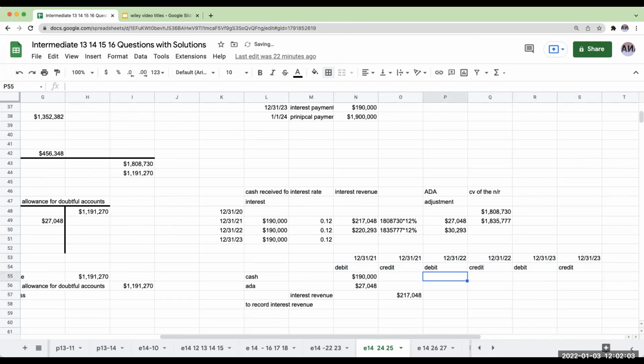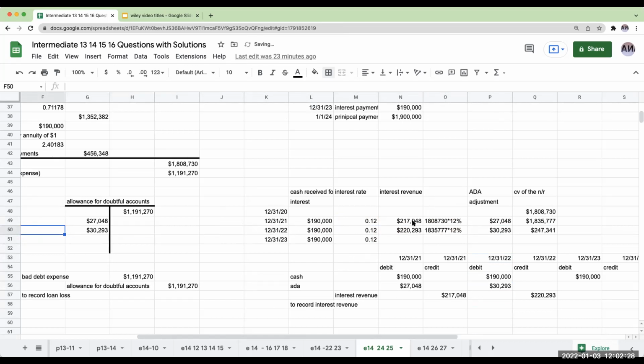Cash paid for interest is always going to be the same year after year. My adjustment for my allowance for doubtful accounts is $30,293. My interest revenue is $220,293. So my carrying value, again, is getting written up. This is going to be $1,835,000 plus the $30,293.